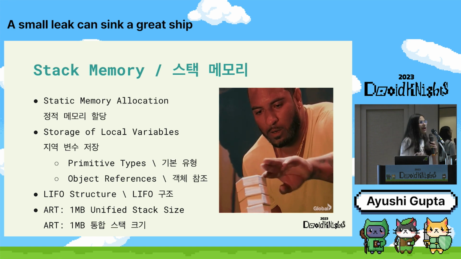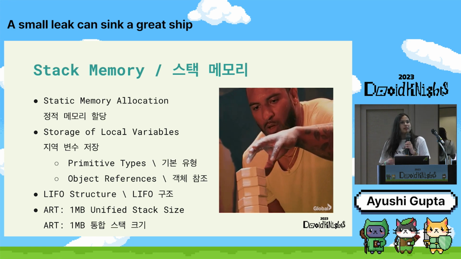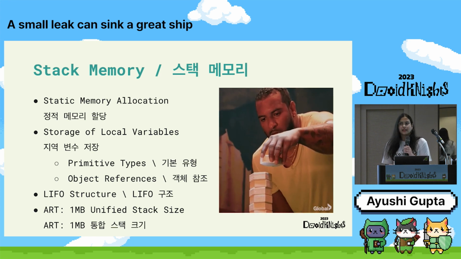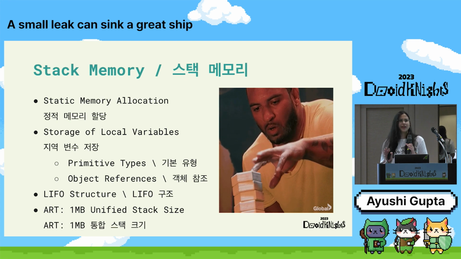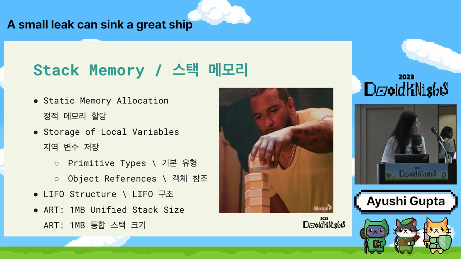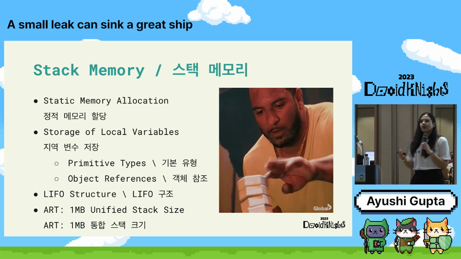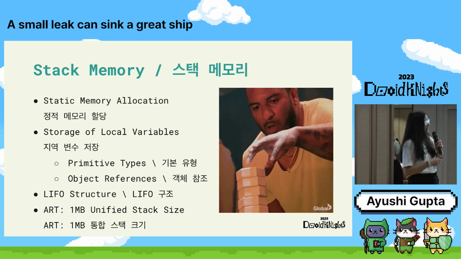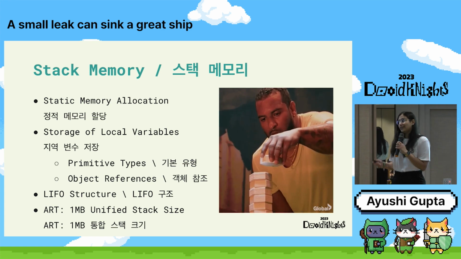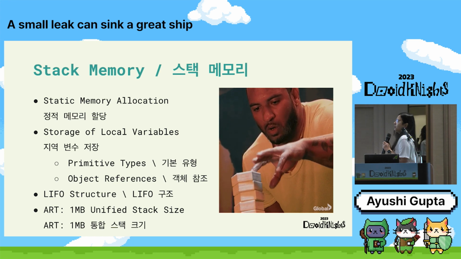So you can say stack is more about static memory allocation. Stack is usually referenced as LIFO, last in, first out. So it's pretty fast. Now, when we are talking about stack memory, obviously there's going to be a limit of size, right? So whenever you hit that particular limit, you're going to get stack overflow error. So that's in a nutshell for stack memory.